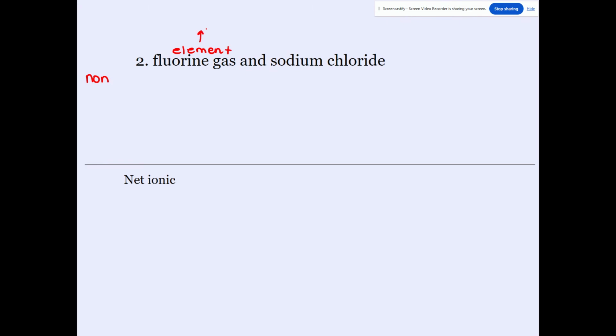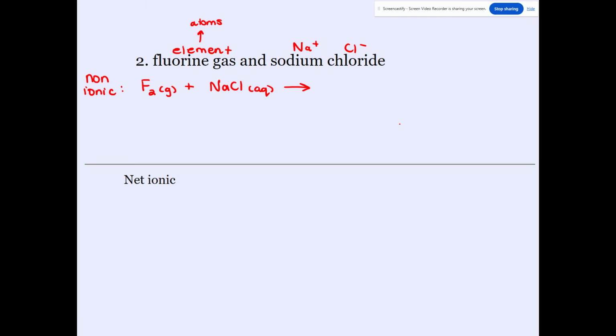Elements are always neutral atoms, which means that they are not ions, so they do not have an ion charge. Okay? So starting with my non-ionic equation, fluorine is F2 and it's a gas. And now I have ions because I have an ionic compound of sodium chloride. So my Na and Cl will bond together, balancing one of each.